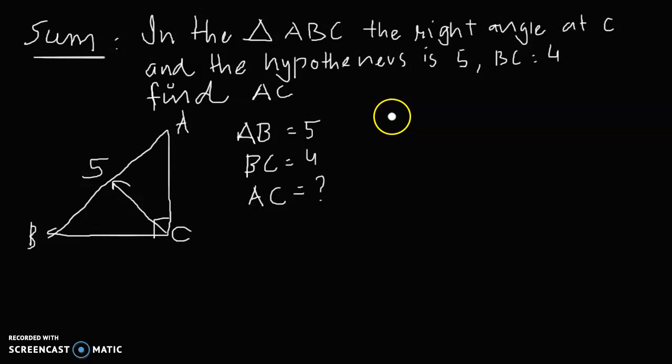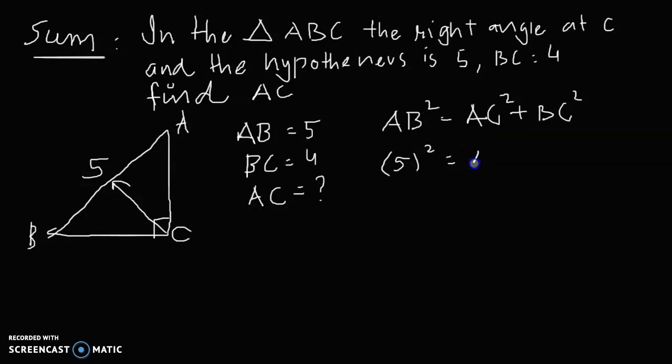According to the Pythagoras theorem, it is AB square is equal to AC square plus BC square, because AB is the hypotenuse in this triangle. So AB square is 5 square.